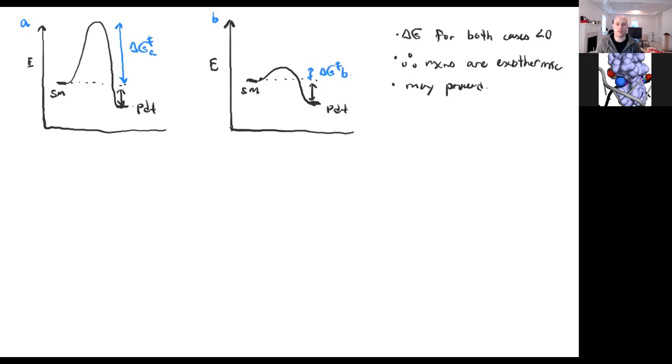Okay, and so the delta G double dagger corresponds to the activation energy for a reaction, okay? And the magnitude of delta G double dagger tells me how fast a reaction will occur. And you can't connect, say, 10 kcal of delta G double dagger with an explicit rate because you have other factors that come in. But qualitatively, you can say, okay, if it has a large delta G double dagger, that's probably going to be a very slow reaction.